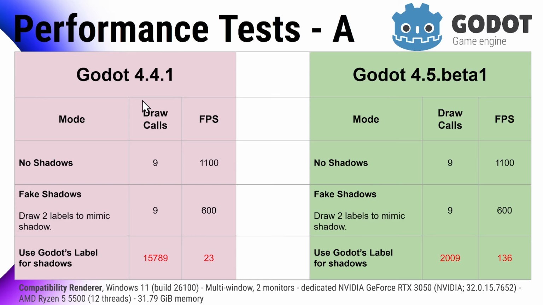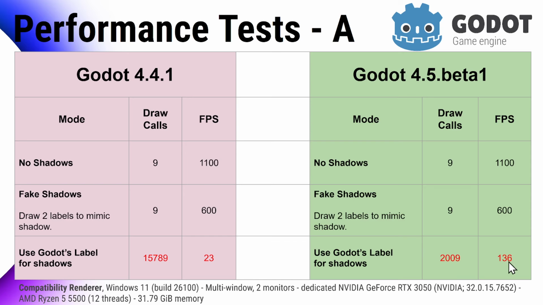But anyways, with 4.4, shadows and fake shadows are the same across both versions, but the broken Godot labels with shadows enabled were creating a humongous amount of draw calls, and the FPS was 22 to 23. Now the fix, quote unquote fix, reduces the draw calls from 16,000 to 2,000, so like 8-ish times fewer draw calls, which is very good.